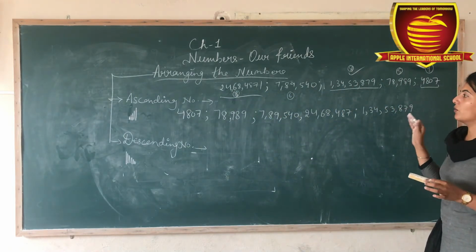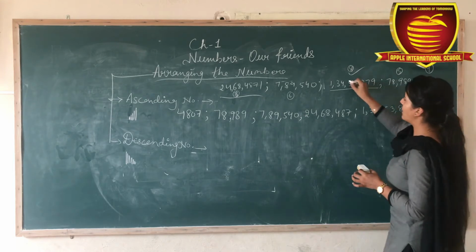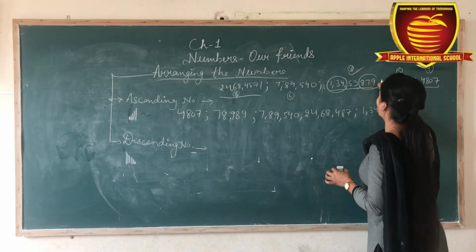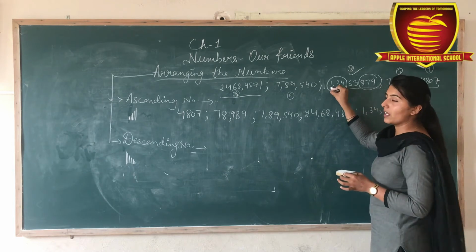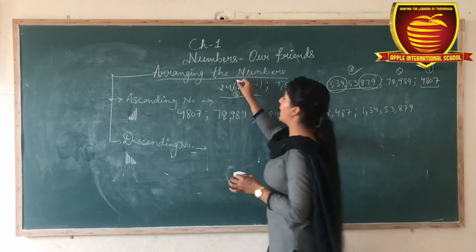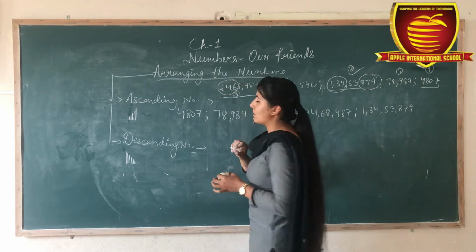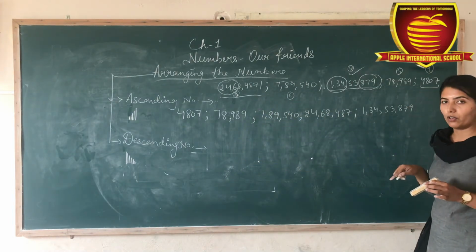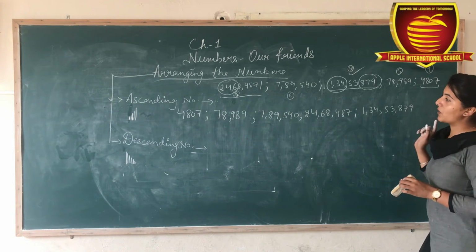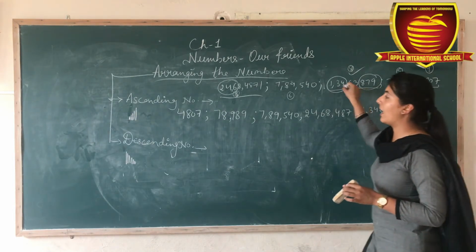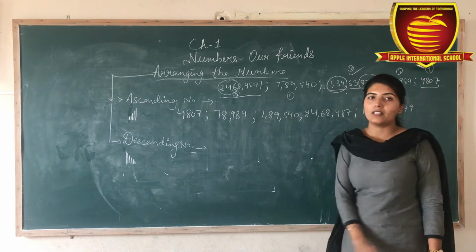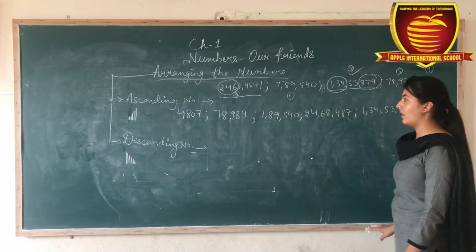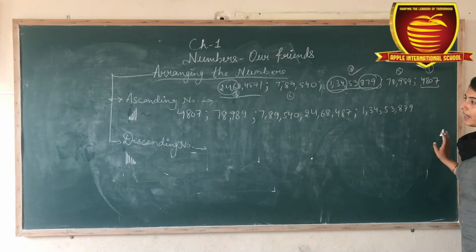Out of these two, firstly you have to check the first three digits. The first digits here are 134, and here they are 246. Which one is greater, 246 or 134? Out of these, which one is smallest? This one, and at last comes 246. So this is about the ascending order.